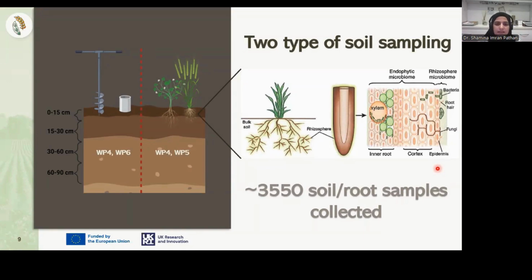We collected rhizosphere soil, bulk soil, and also plant roots. Up to now, we have collected more than 3,500 samples from these field trials for analysis in 2 years of field trials.